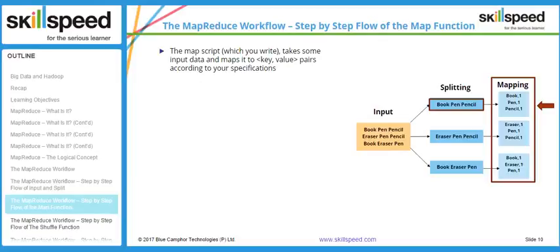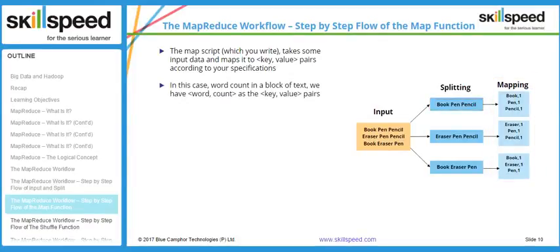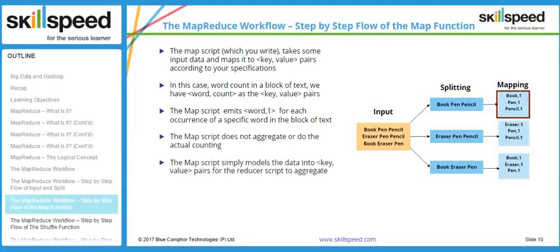The value will be a hard-coded one. Once my mapping phase is over on every data node, I have the data in the form of a key and value. For example, in data node 1, I have book, 1, pen, 1, and pencil, 1. The map script basically extracts this information on every data node.